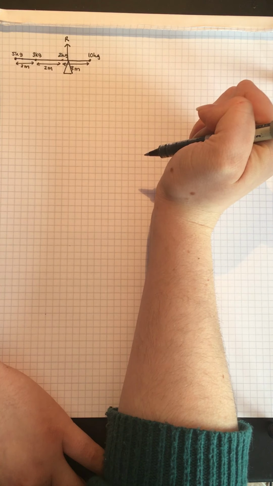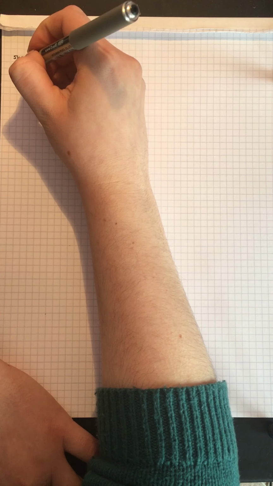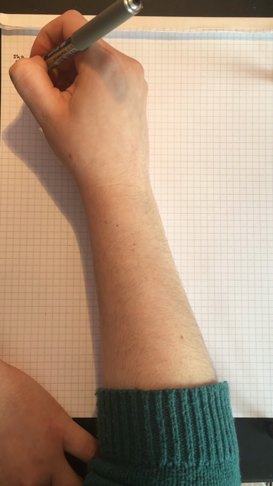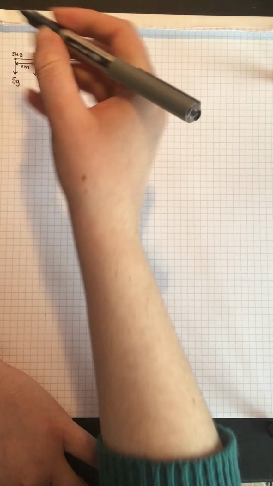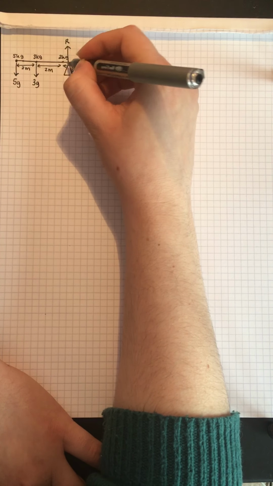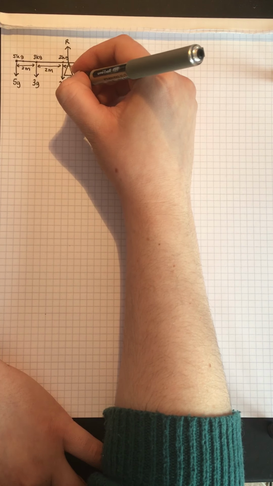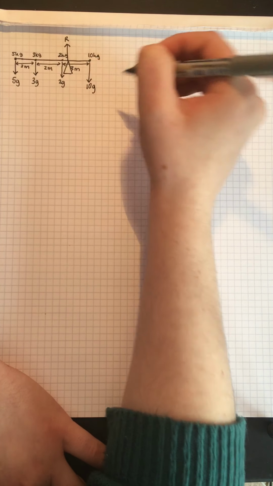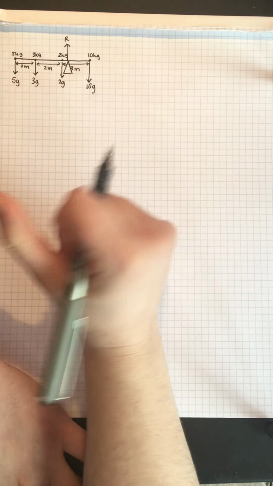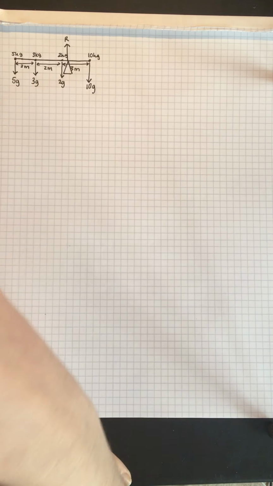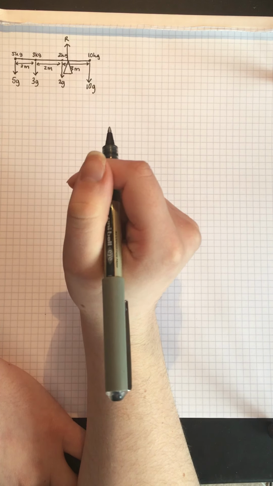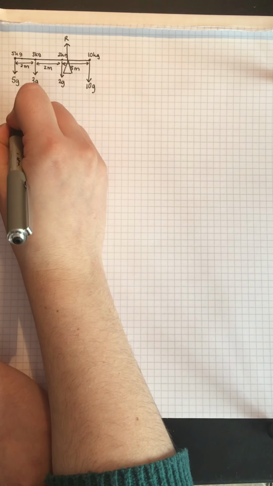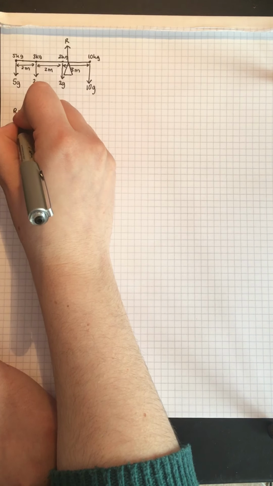But let's say if we were going to put a support there, there would be a reaction force at that support, and there would be weight forces acting downwards from each of the point masses, as I am labelling here. Those would be all of the forces on the system. Now I can very easily find the magnitude of this reaction force just by resolving vertically.